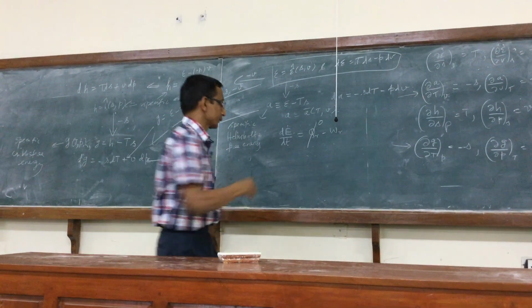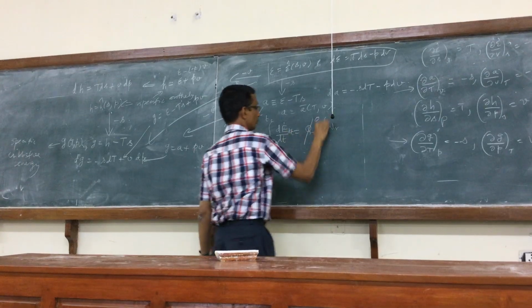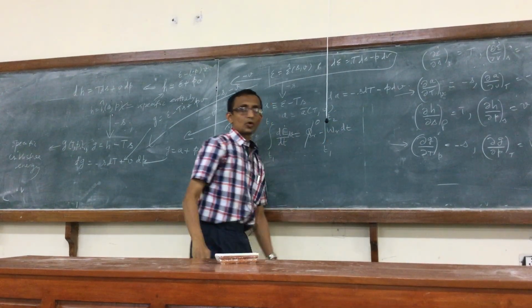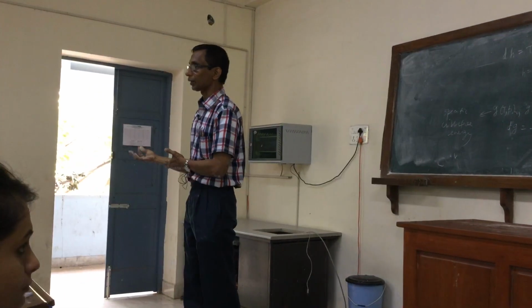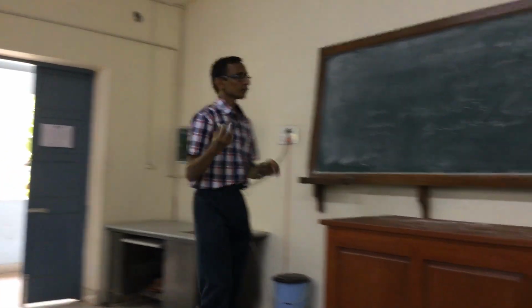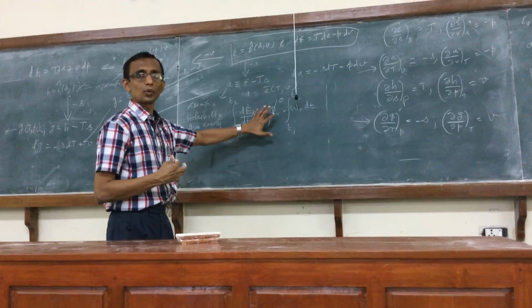Now I integrate this over time. The first law has no restriction on whether you are considering a reversible process or an irreversible process. It is valid for all processes. But the crucial point here is that I am considering only the adiabatic process, for which Q is 0.